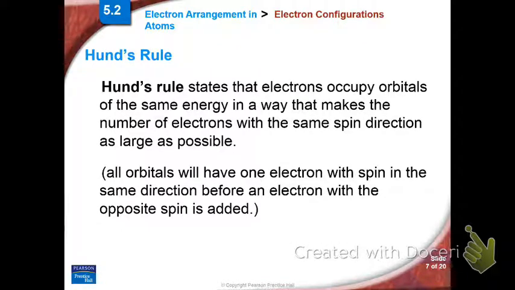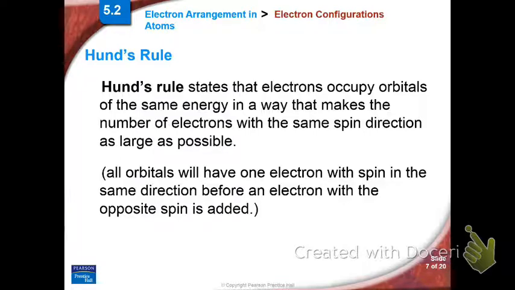Last rule. Hund's rule tells us that our electrons are going to occupy orbitals of the same energy in a way that makes the number of electrons with the same spin direction as large as possible.